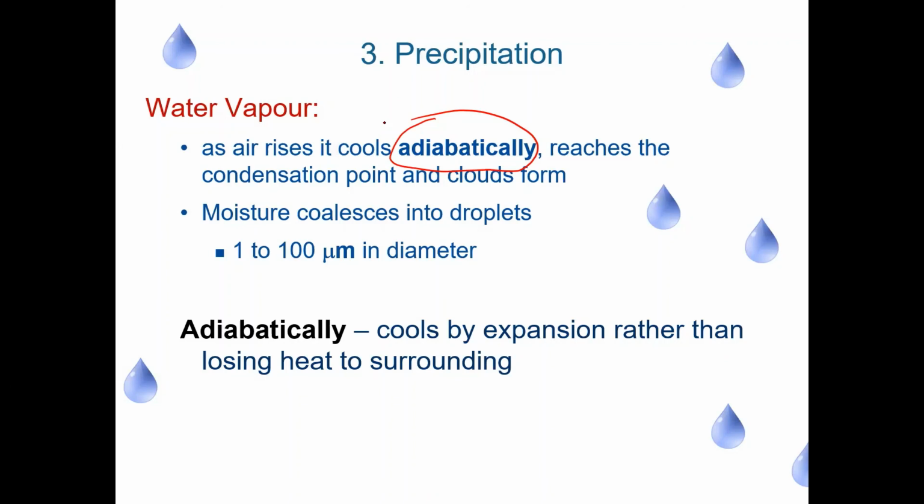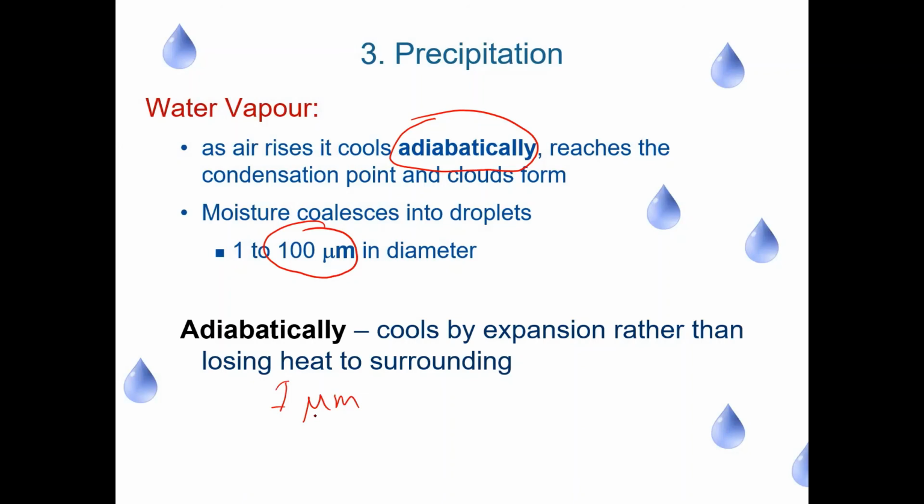And eventually droplets form, and when they get to about 100 micrometers, we're looking at them usually falling. If you don't know what 100 micrometers is, that's a good one to know. Maybe I'll write that down. 1 micrometer, so that little thing here that looks like a U is actually a mu.